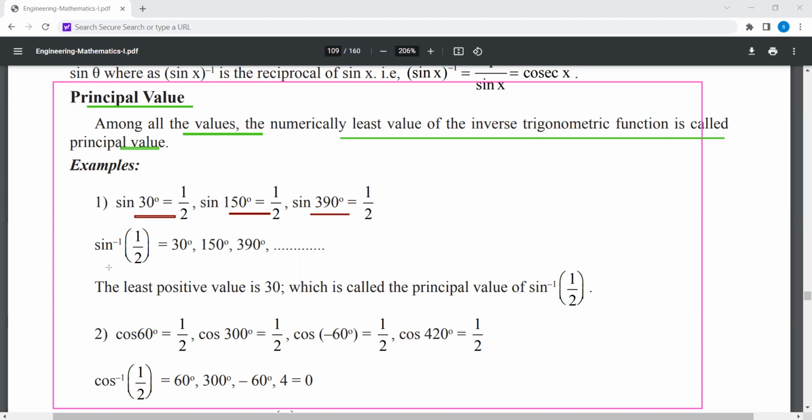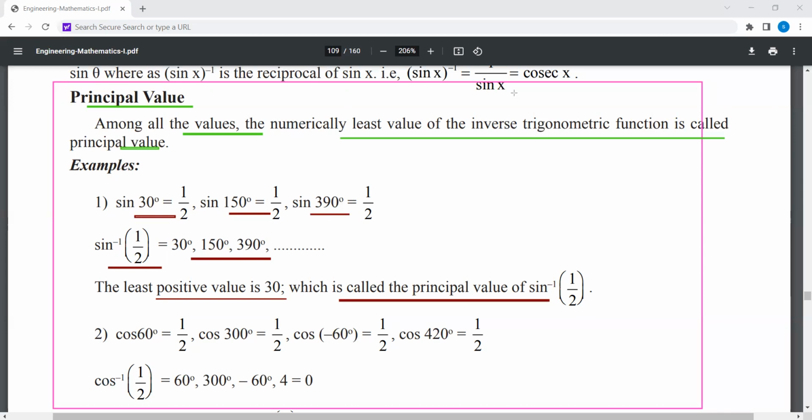Therefore, sine inverse of 1 by 2 is 30 degrees, 150 degrees, 390 degrees, and so on. The least positive value is 30 degrees, which is called the principal value of sine inverse of 1 by 2.